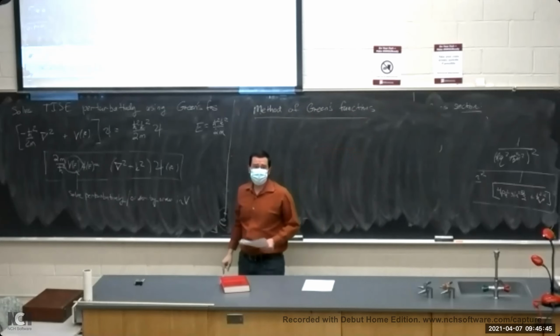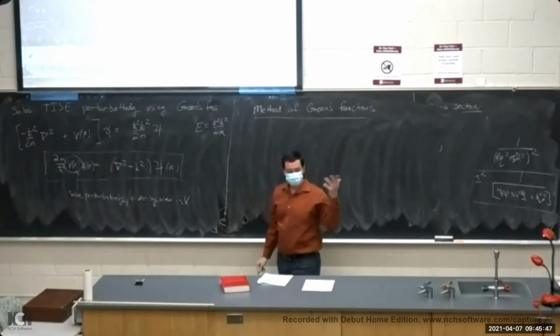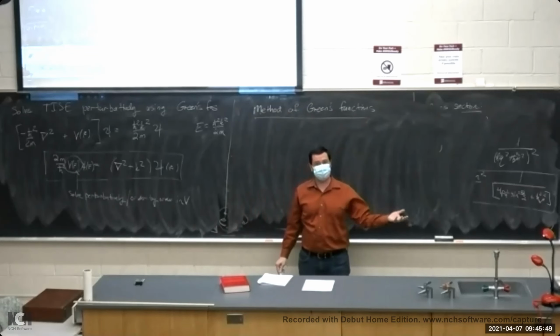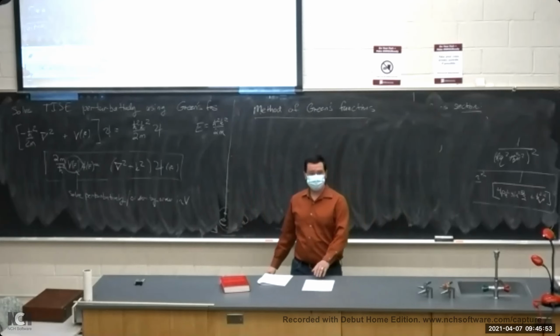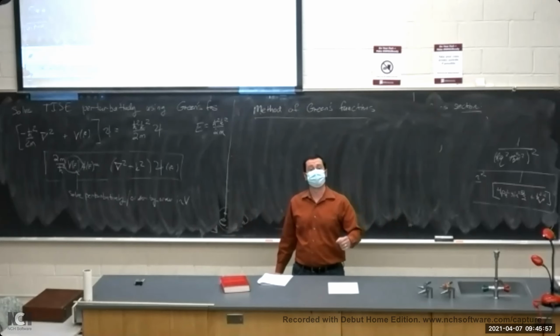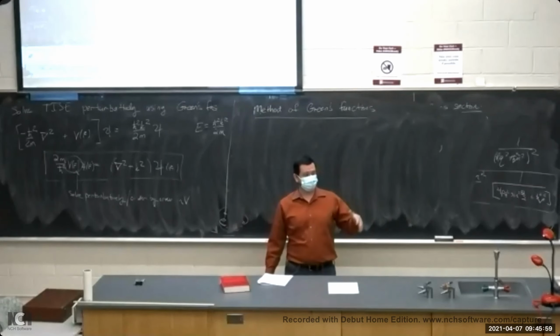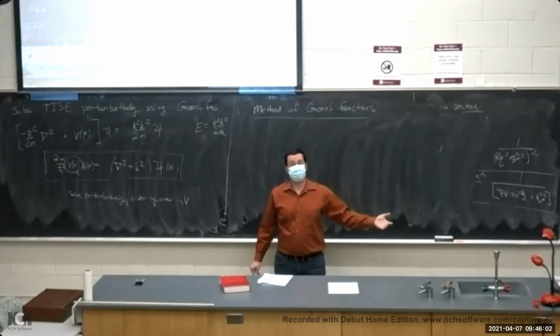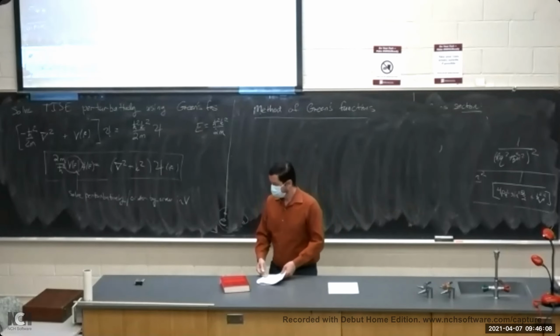So this is highly analogous to what you do in E&M. If you know how a point charge produces a potential, then I can write down any potential as coming from a distribution of charges. So if I know the potential of a point charge is 1 over r, then I know that if I have a charge density rho of r, then I can write any potential as an integral of rho of r prime divided by the distance r minus r prime.